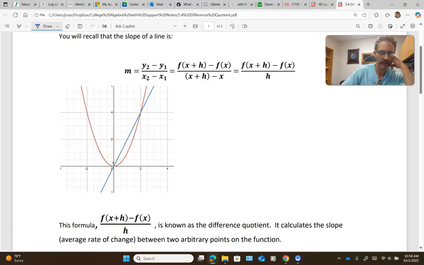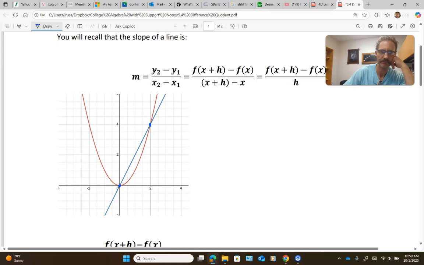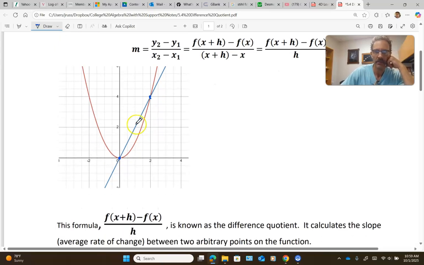We'll say this point right here, and then this point over here. Let me zoom in a little bit more. So the difference quotient regarding these 2 points would just be the slope of this line. It's the slope of the line that goes through 2 arbitrary points on your function.